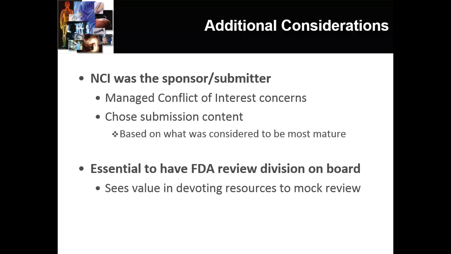I think that the more important bullet point on this slide is that it's really essential to have FDA's review divisions on board, and we're working on that with the mock submission ideas that are coming out of our working groups.